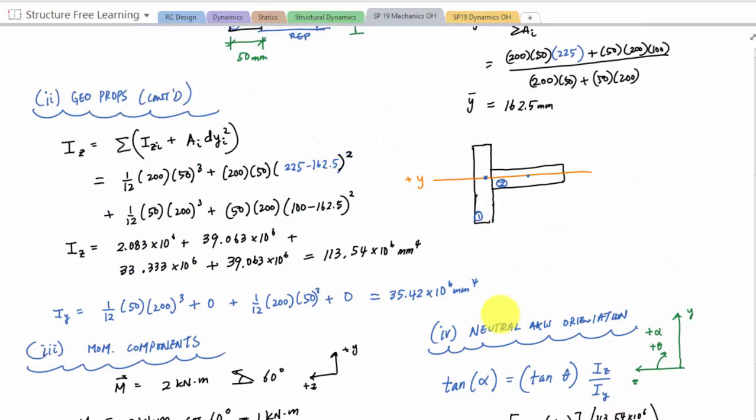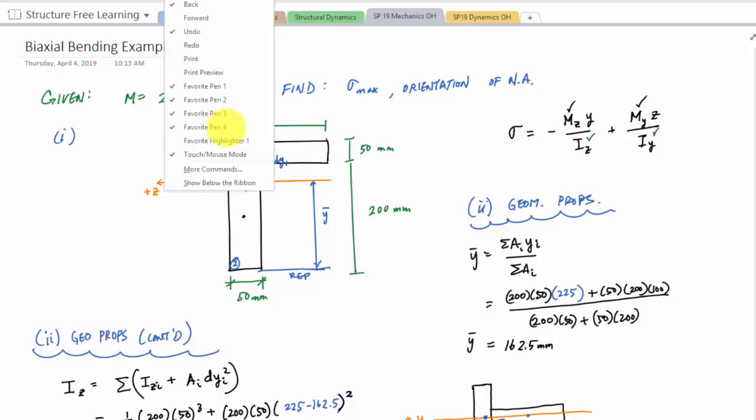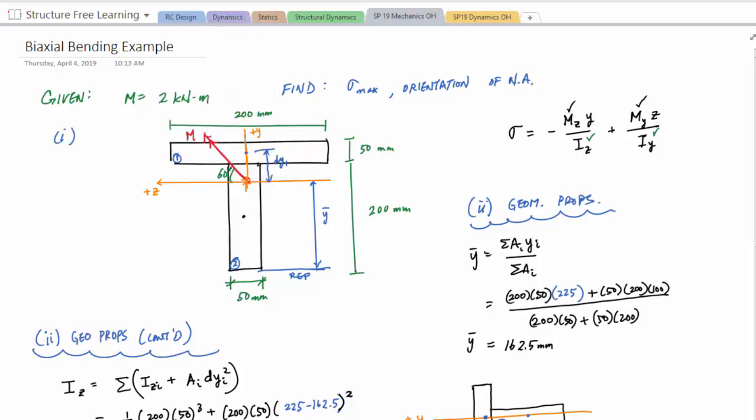And so when I look at this thing right here, if this was 60, oh, this drawing's gonna get messy. What color can I use for the neutral axis? Do I have another color? No, I don't. Let's go with blue. So here was 60 and then 70.